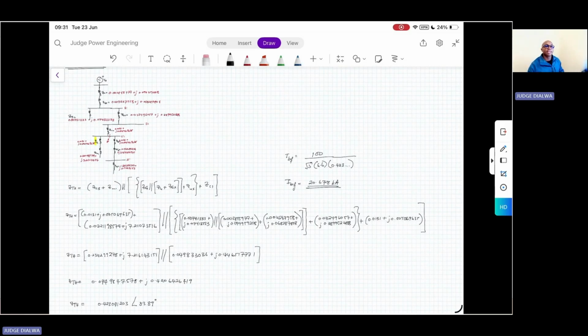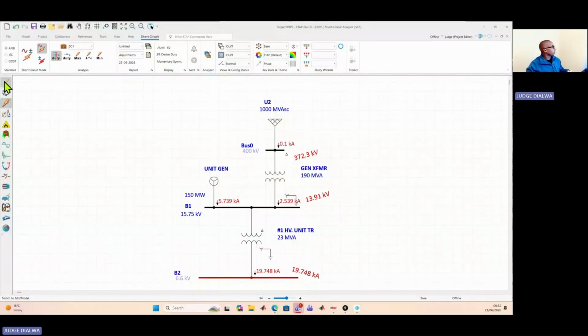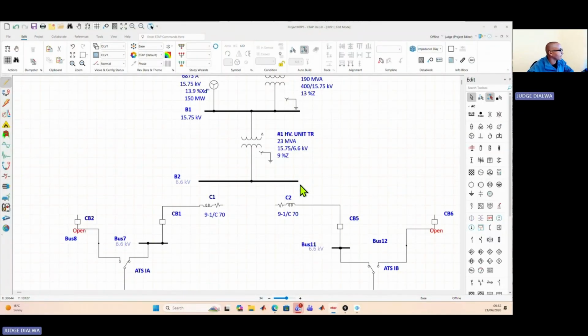So we'll jump to ETAP to confirm our hand calculation before we finally consider the entire network of our generating unit. Okay, so back at ETAP, now we'll connect the rest of our network.